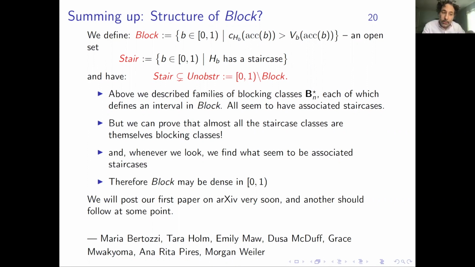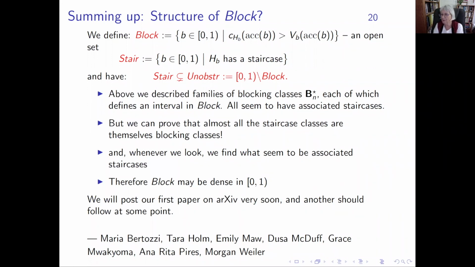Right, right. But because some of our staircases are very obstructed, right? I mean, they've got this big obstruction class. If you look at the value of B infinity, which is the limiting value, you're not going to be able to find full fillings there.